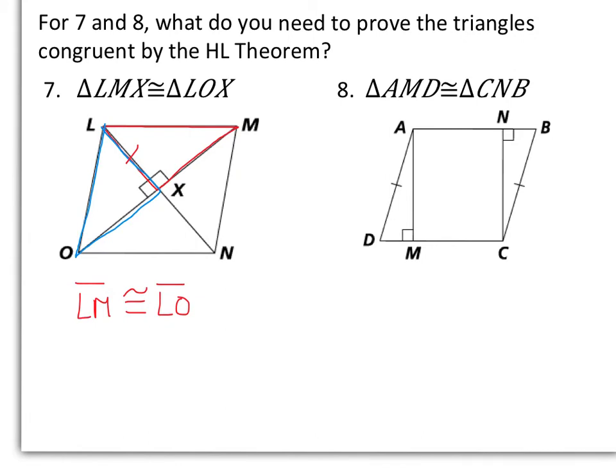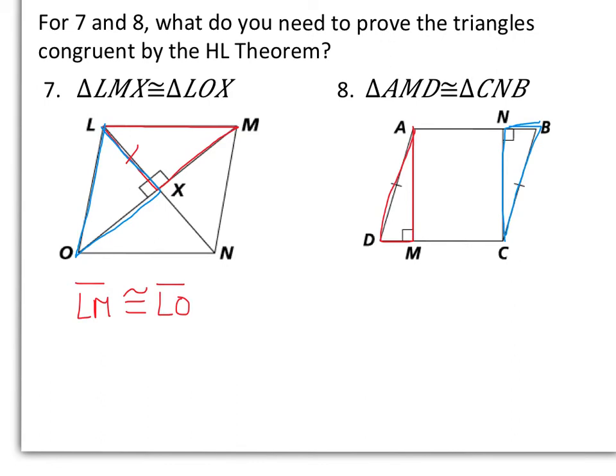Okay, number 8, we want to prove why triangle AMD is congruent to triangle CNB. Okay, so what piece of information are we missing? All right, we have right angles. We have our hypotenuses congruent. But the question is, we don't have a leg.